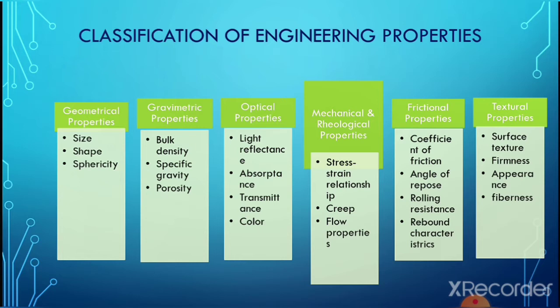Mechanical and rheological properties include stress-strain relationship, creep, flow properties. Frictional properties include coefficient of friction, angle of repose, rolling resistance, rebound characteristics. And the textural properties of agricultural produce include surface texture, firmness, appearance, fiberness.